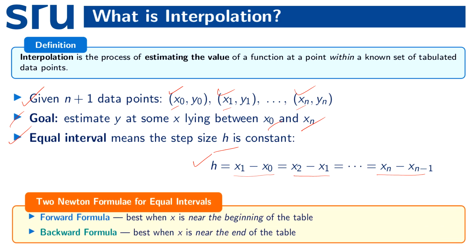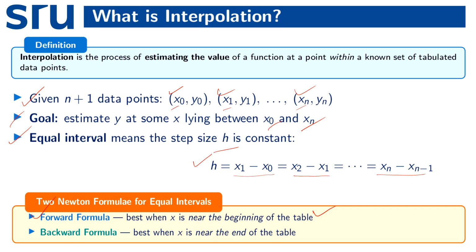Two Newton formulae are there for equal intervals. These are the forward formula and the backward formula. The forward interpolation formula is used when the value of x is near the beginning of the table. That table of data will be given.